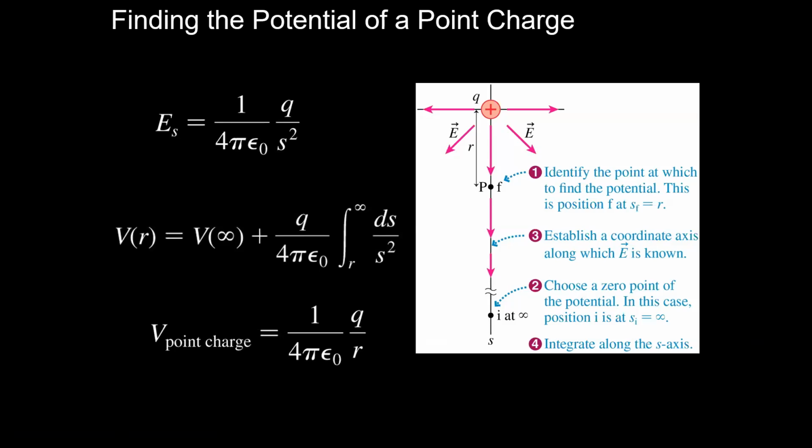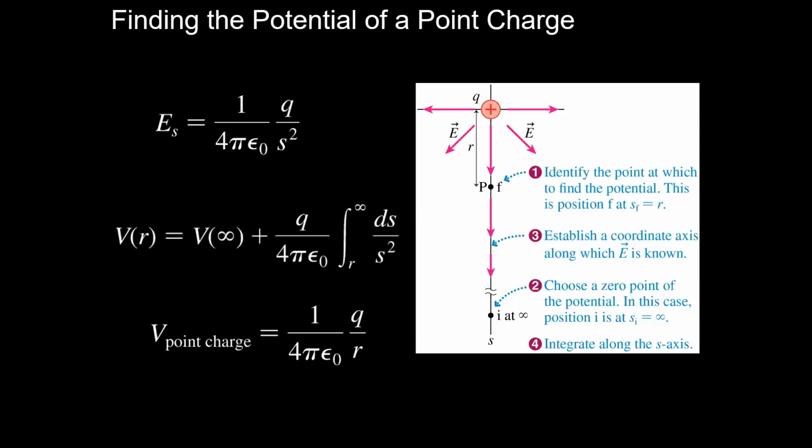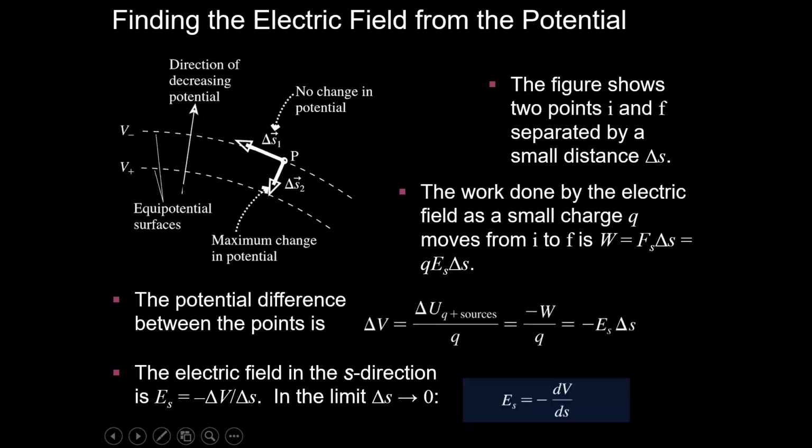And with the negative sign, that gives us the correct expression. If we knew the potential, we could have gotten the electric field. But there's a subtlety here because the electric field is a vector, which means it can be in 2 dimensions or even 3 dimensions, while the potential is a scalar.